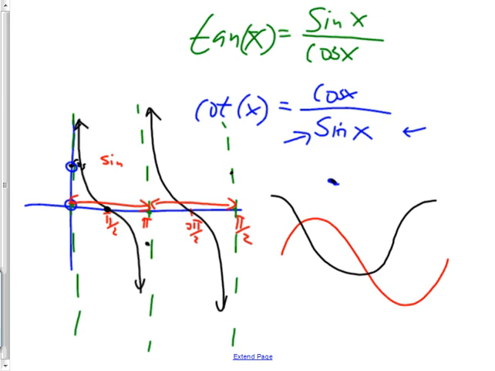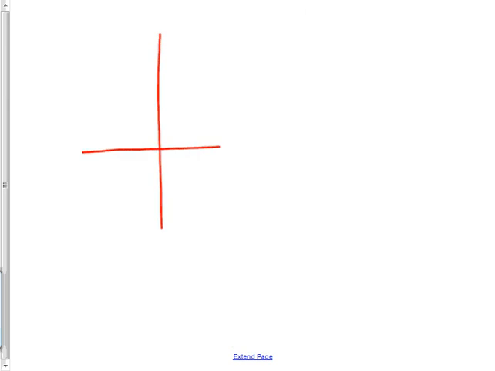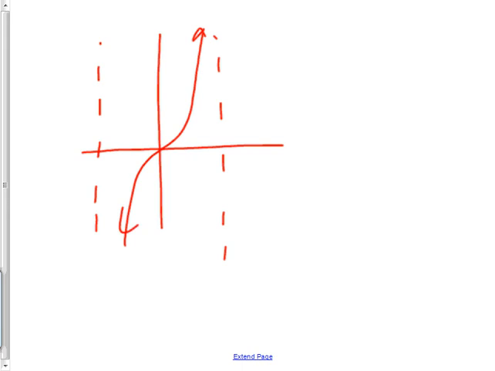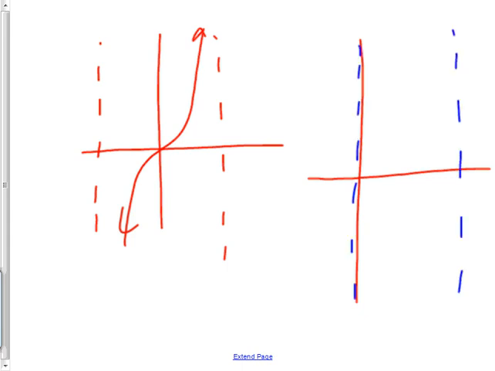Okay, quick recap. Tangent goes up from left to right. Cotangent, whoa. Cotangent. Asymptotes are here and here. Notice the asymptotes are different. And instead of rising it falls from left to right.